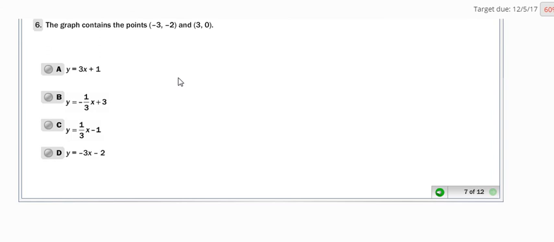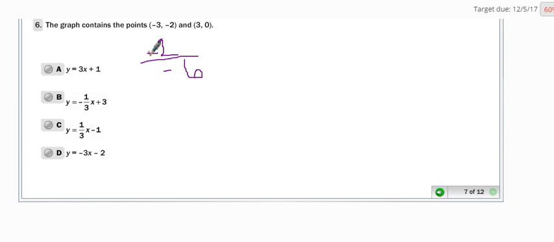Alright, next. Okay, so here's another one where we have to subtract the y's and we have to subtract the x's. So you start with the y's, which is the -2 and 0. -2 minus 0 is -2. And then you subtract the x's. -3 minus -3 is -6.